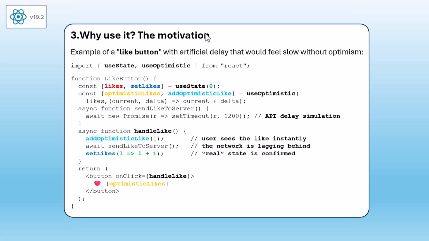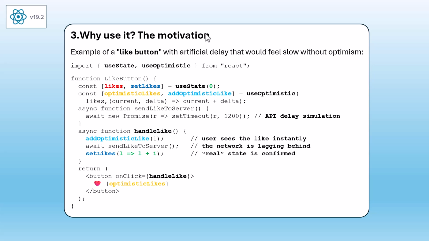3. Why use it? The motivation. In many web applications, when a user triggers a change, for example submitting a message, liking a post or updating a profile, there's an inherent delay while the request travels to the server, is processed, and then the response comes back. During that time, the user might see nothing happening, which feels sluggish and unresponsive.